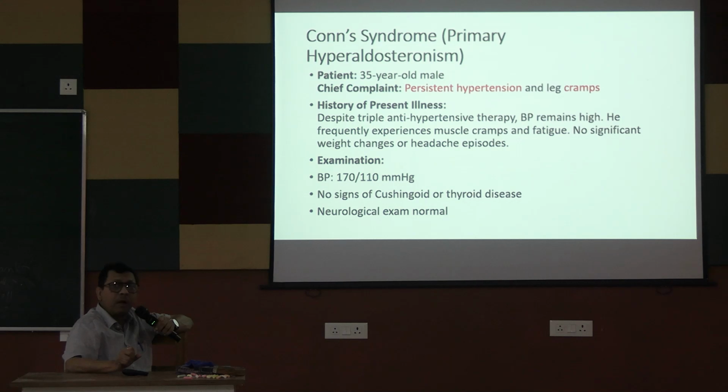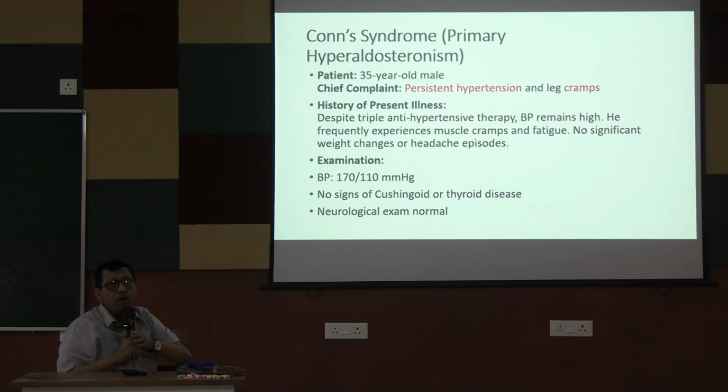Because of the electrolyte imbalance related to it. History is that despite triple hypertensive therapy, BP remains high. He frequently experienced muscle cramps and fatigue, no significant weight change or headache episodes. BP is 170 by 110, no signs of Cushingoid or thyroid disease, neurological examination is normal.